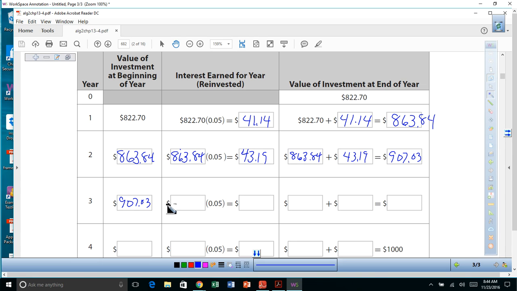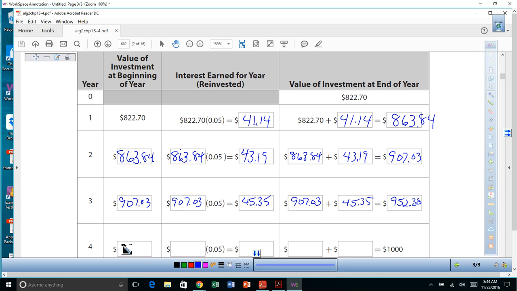$907.03 is what it is at the beginning of year 3. They take the $907.03, multiply it by 0.05, and you get $45.35. Now they're going to add $45.35 to the $907.03, and your bond is now worth $952.38.